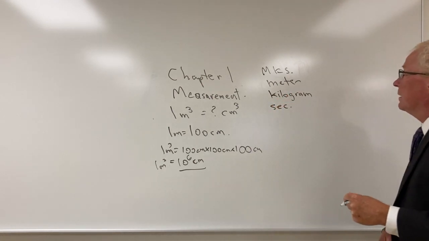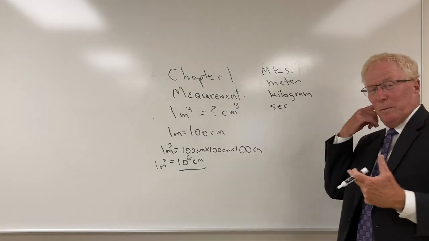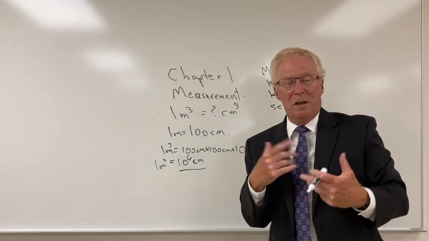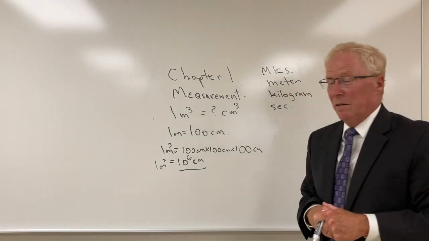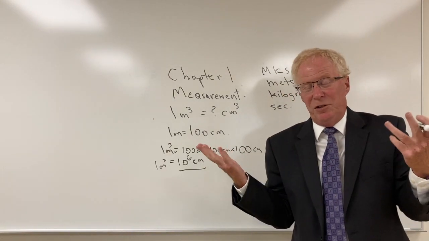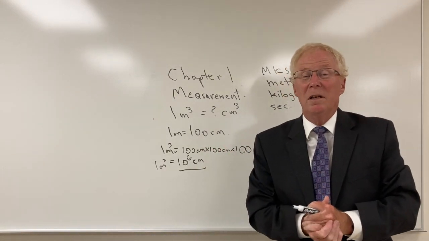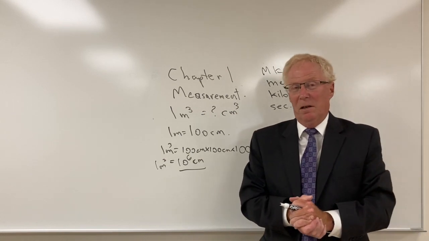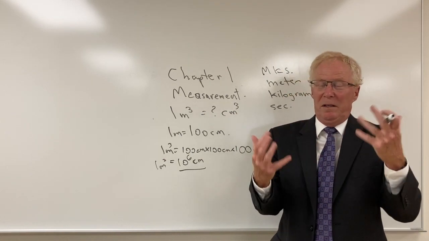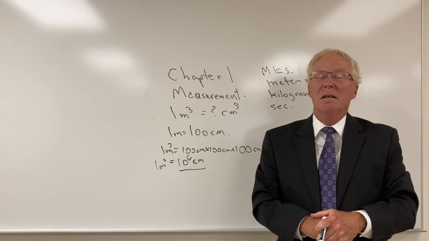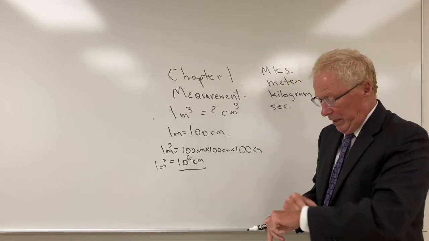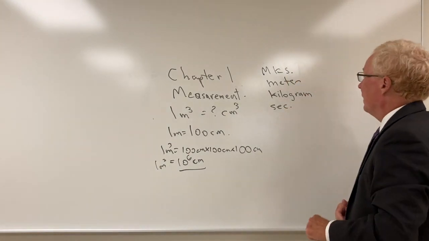Now, I may be using some conversions along the way, but the purpose of using English units is only so that you can get a sense of what they really mean. So if we talk about a distance, what does that really mean?